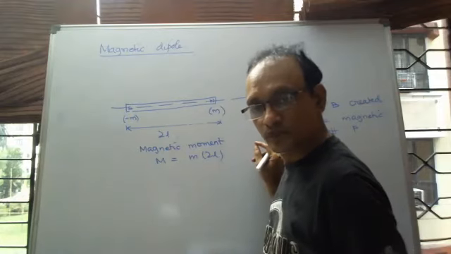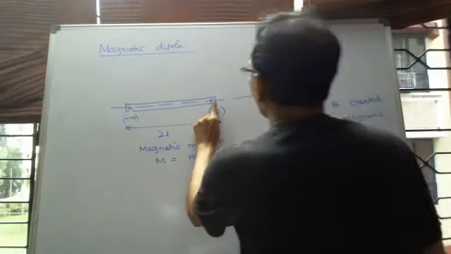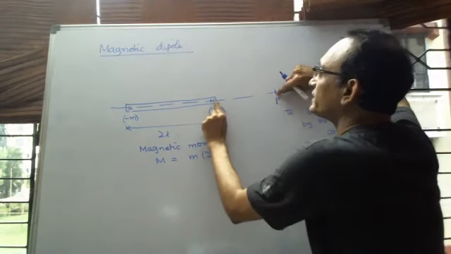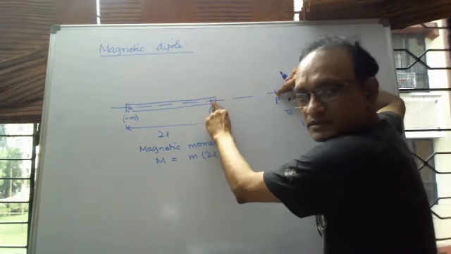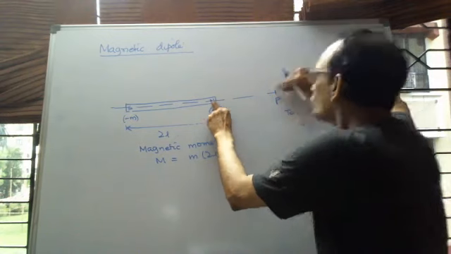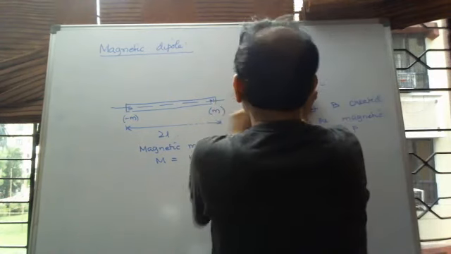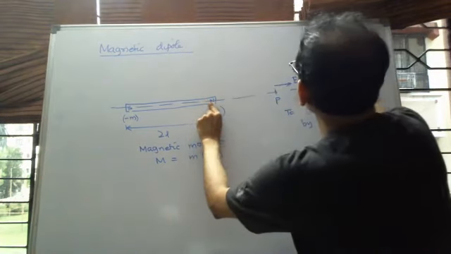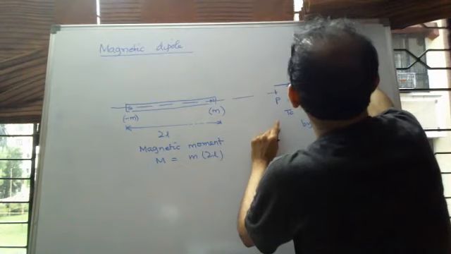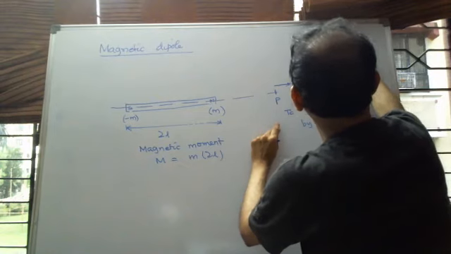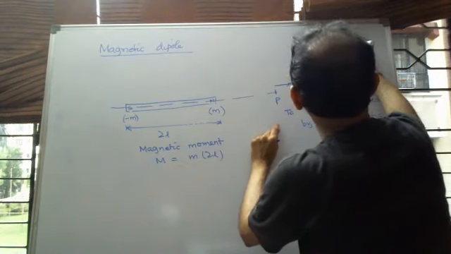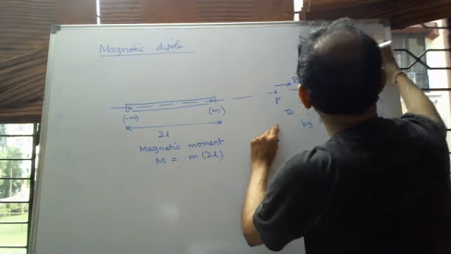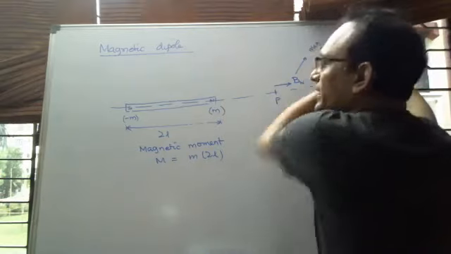If I keep a unit north pole here, it will experience repulsion from this, and therefore the magnetic field because of the north pole will be to the right.